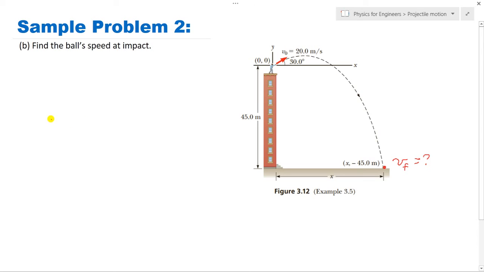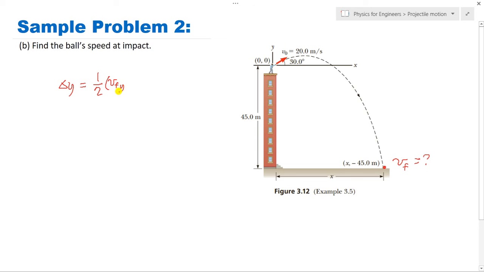Actually, we can use other kinematic equations, but I will just use the kinematic equation in terms of the average velocity, wherein delta y is equal to 1/2 times the sum of the initial and final velocity, but along y. So Vfy here.